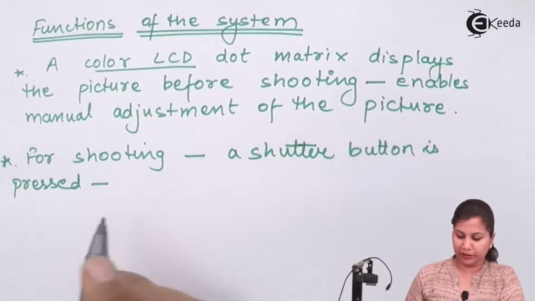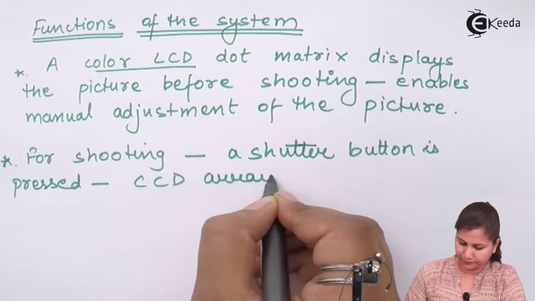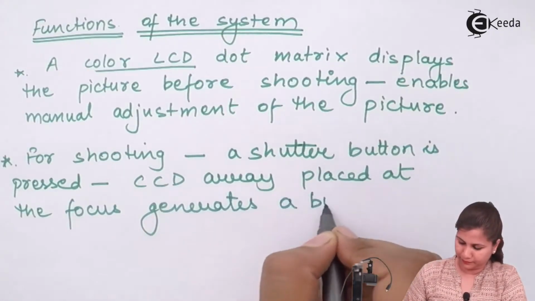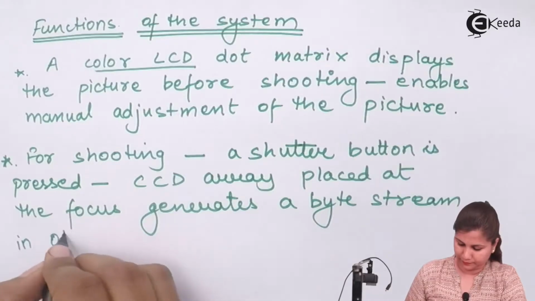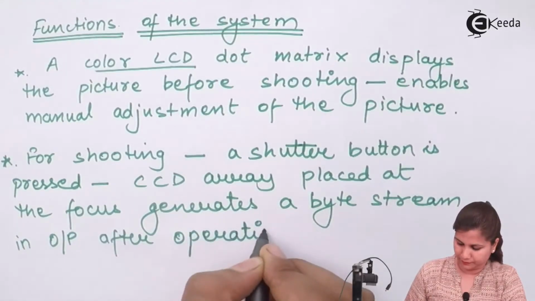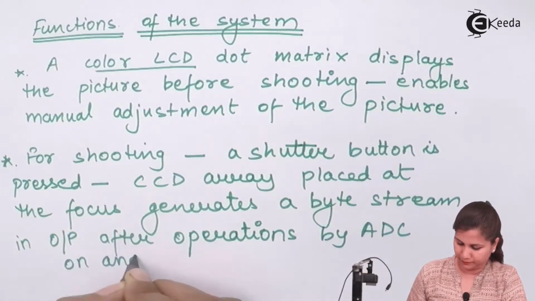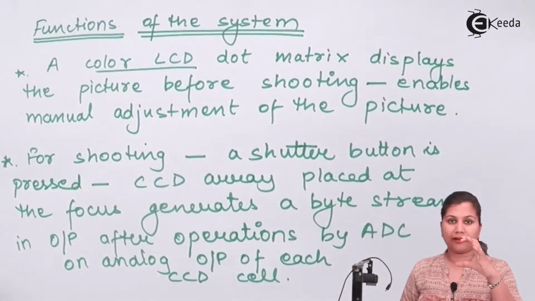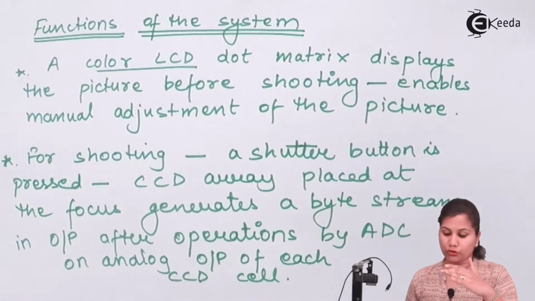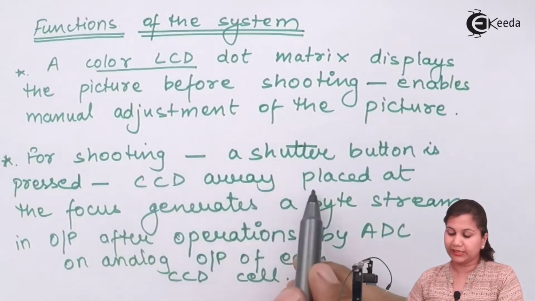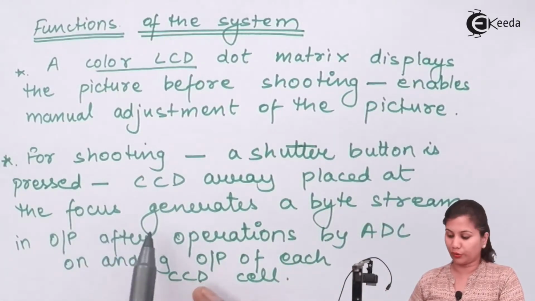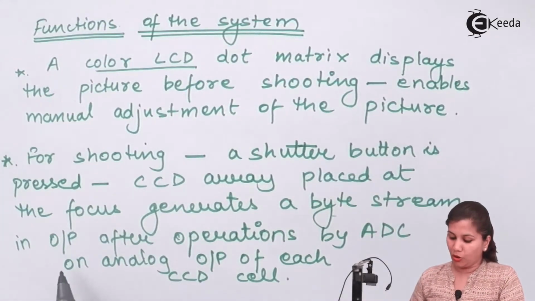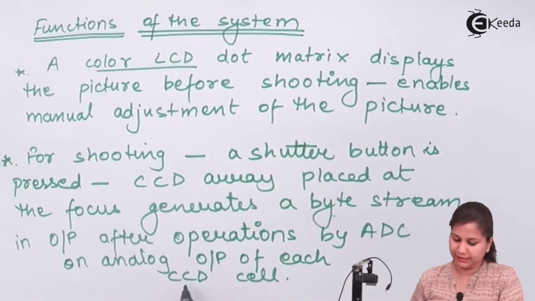Now, when this shutter button is pressed, then the CCD array, because after the lens the CCD array is present, which is placed at the focus, is going to generate a byte stream in the output, after operations by the ADC on the analog output of each CCD cell.